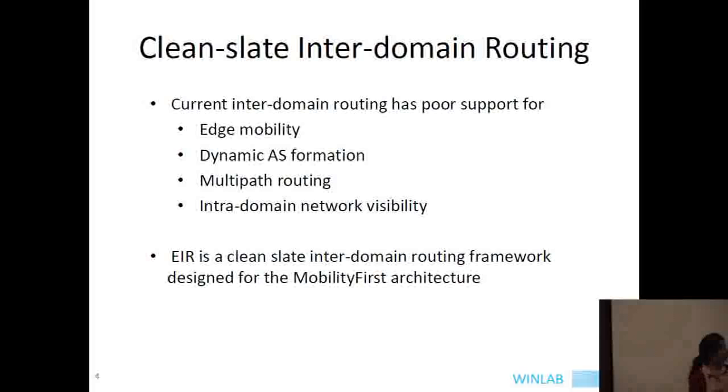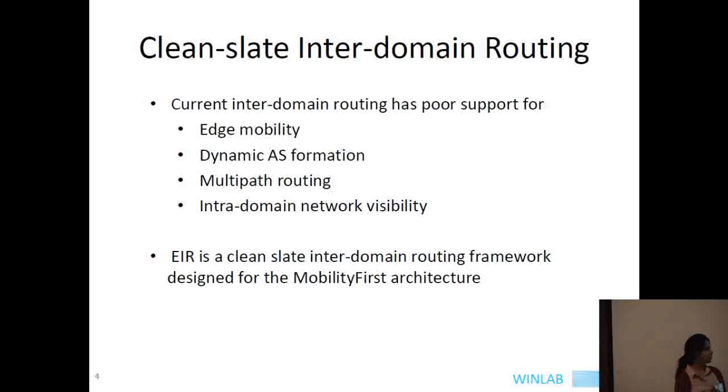It also has very poor support for dynamic AS formation. What I mean by that is if you have a group of devices, say a group of vehicles, and they dynamically form an ad hoc network, it's very difficult for dynamic autonomous systems to form and connect to the main internet, move on, and do things like that.